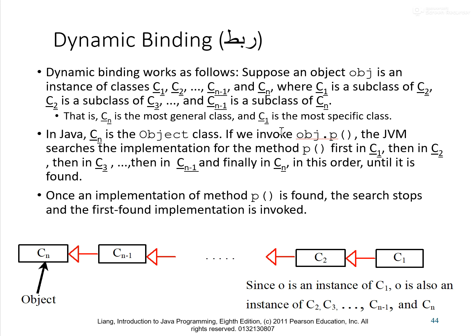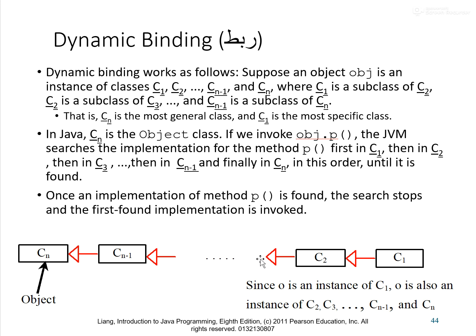Now, if obj is an instance of class C1, the JVM will start looking for the p method in class C1. If it doesn't find one, it will go to the superclass C2. If it finds one, fine, it'll execute that. But if it doesn't, it'll move on to C3.